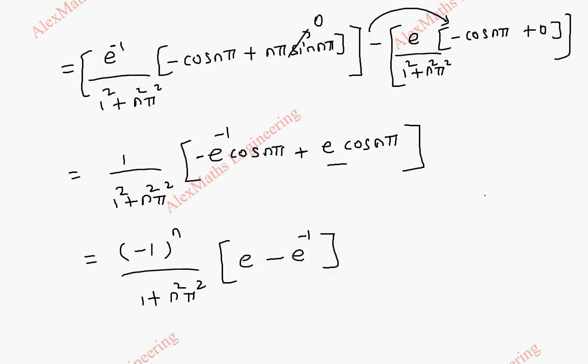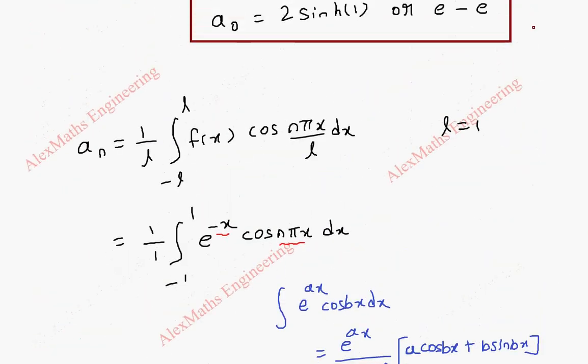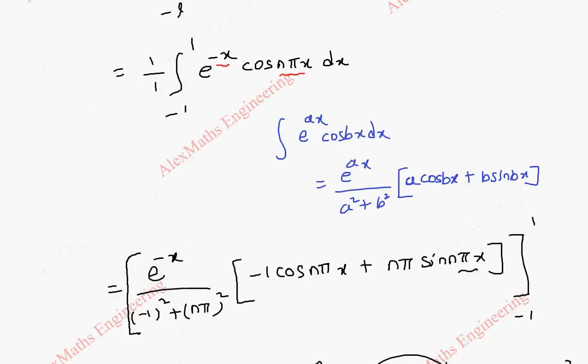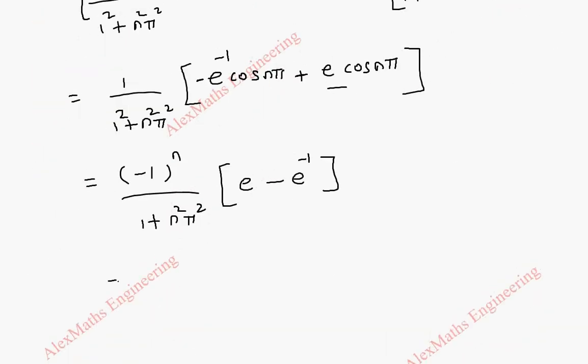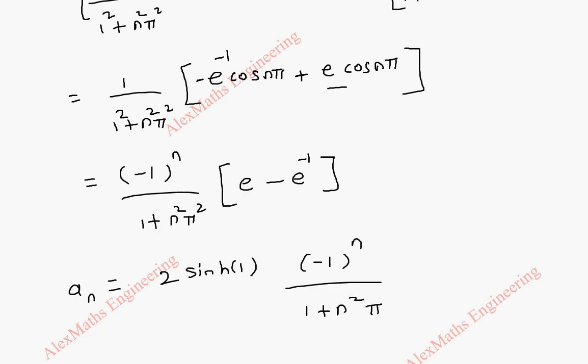So we can either keep it like this, or we can also replace it with 2 sin h of 1. So either this, or an is 2 sin h of 1 along with minus 1 whole power n by 1 plus n square pi square. Thus we got an. We can use either this or the second form.